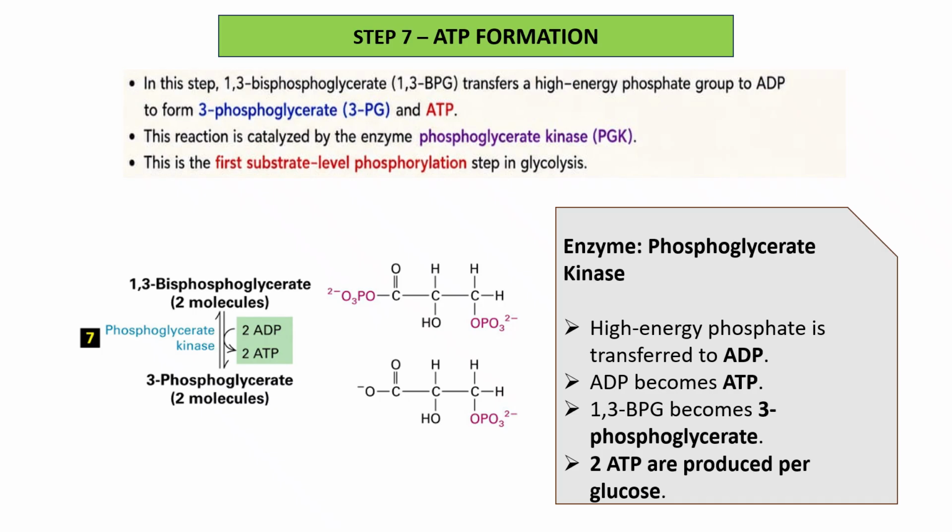The reaction is catalyzed by the enzyme phosphoglycerate kinase. This is the first ATP producing step of glycolysis and is called substrate level phosphorylation because ATP is formed by the direct transfer of a phosphate group from a high energy substrate to ADP. Since one glucose molecule produces two molecules of 1,3-BPG, this reaction occurs twice and produces two ATP molecules per glucose molecule.